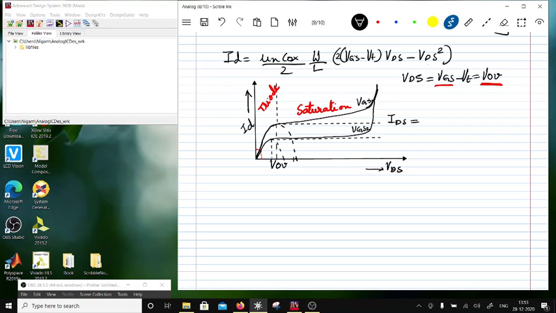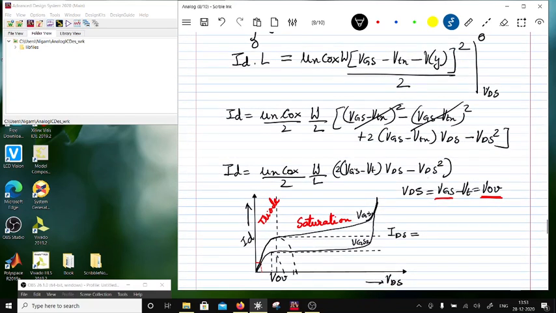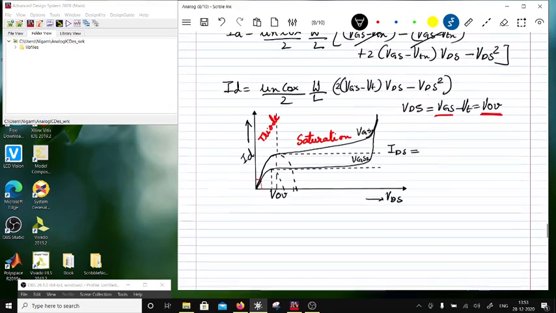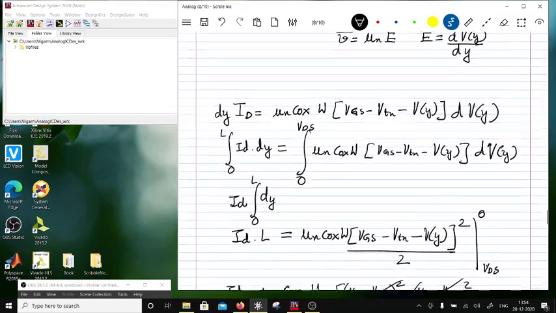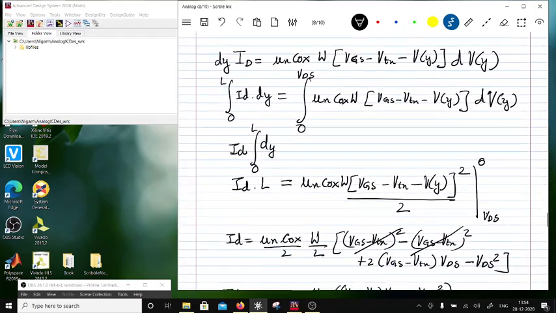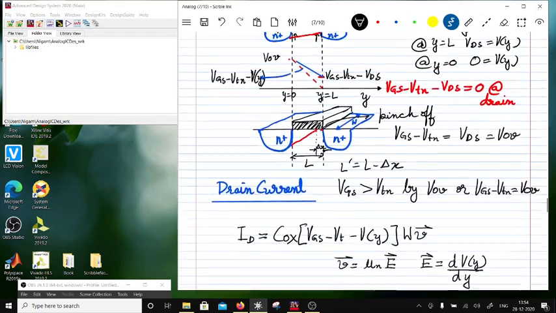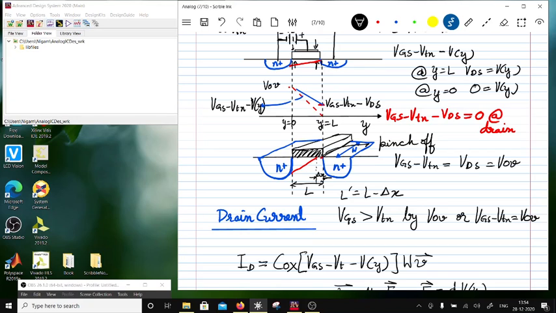Now this is because, for small overdrive, when VGS is less or V overdrive is less, then we are talking about a different slope here versus this.